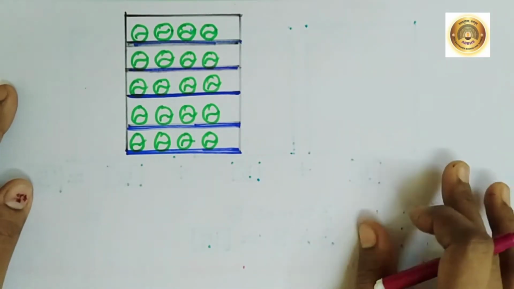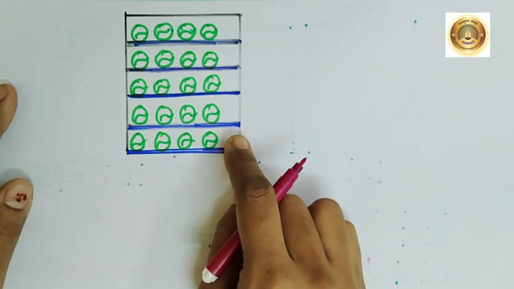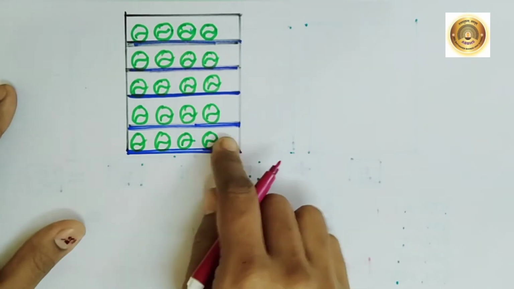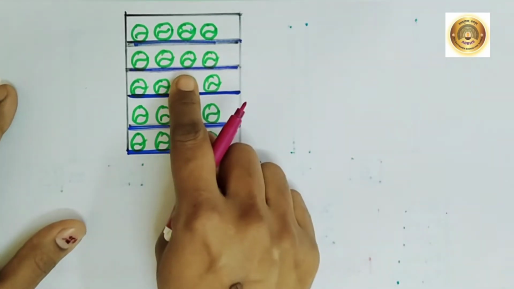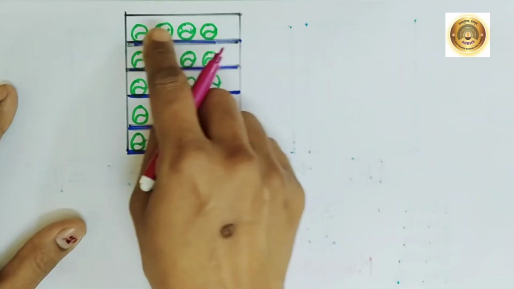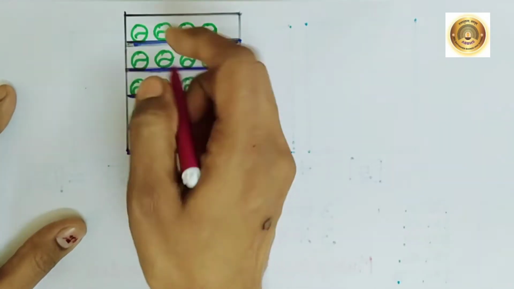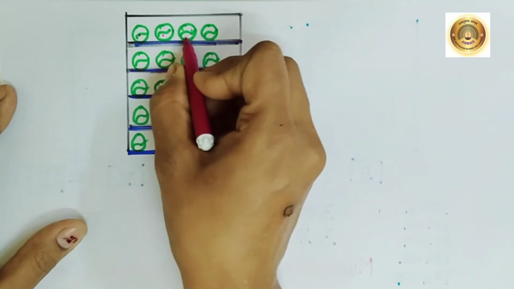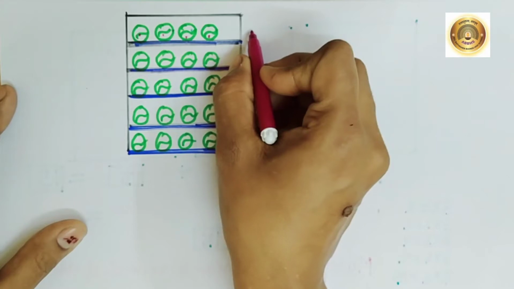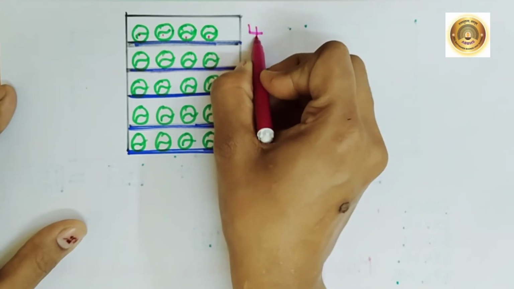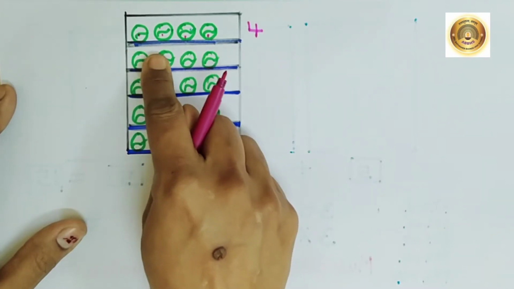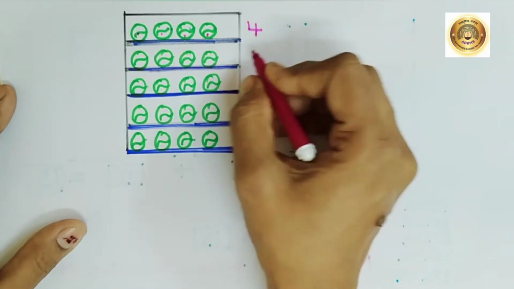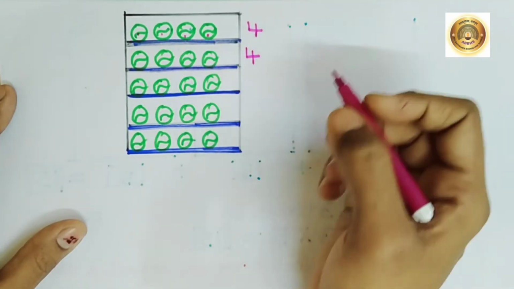Children, see here. In this example, we are having one shelf, and in this shelf we are having some balls. Here in the first shelf I am having 1, 2, 3, 4 balls. And in the second shelf 1, 2, 3, 4 more 4 balls.